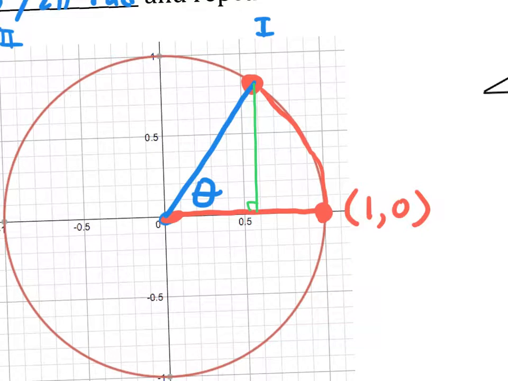And as we look at that right triangle, this has a length of something like A. This has a length of something like B, which means this point right there is at the location A, B.